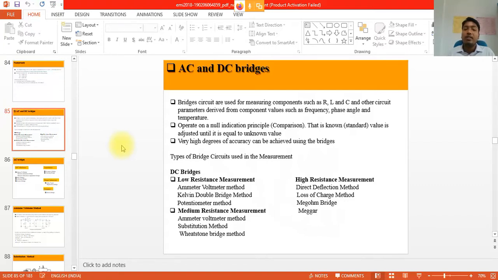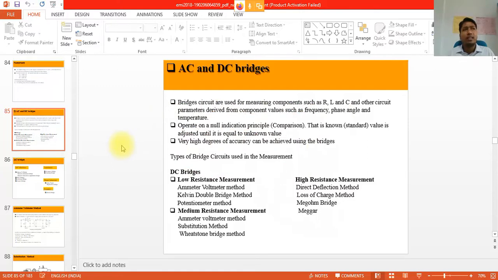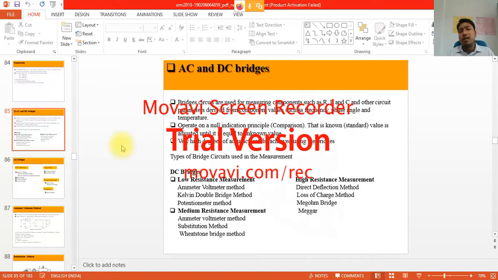Next is medium resistance measurement. The resistances of wires come under the category of medium resistance range.